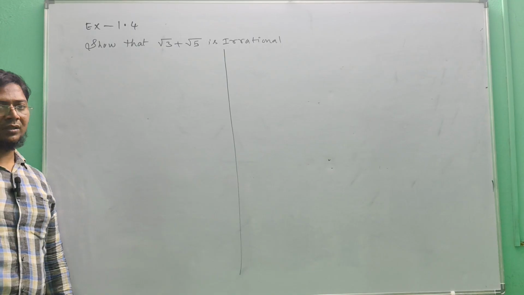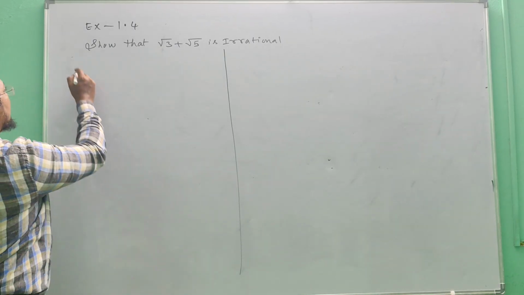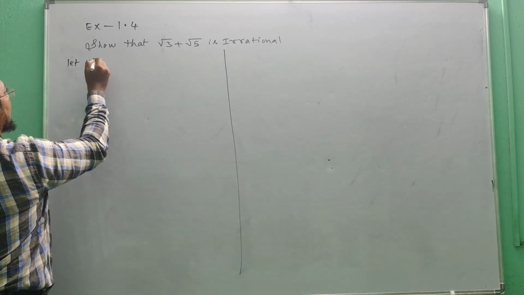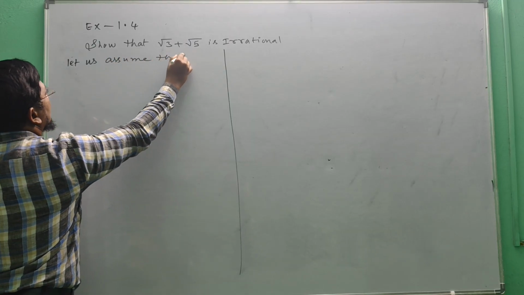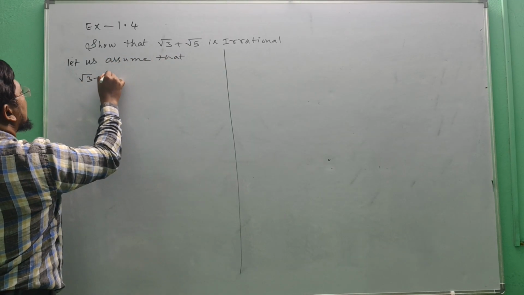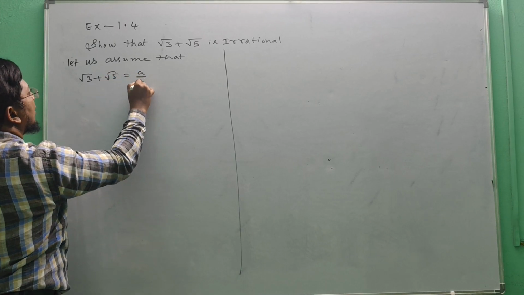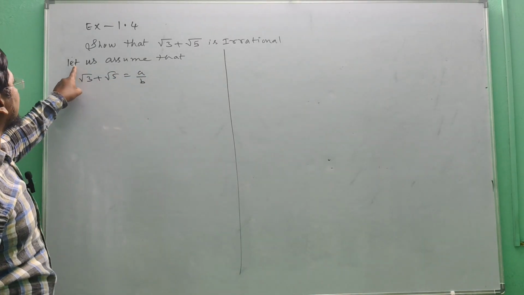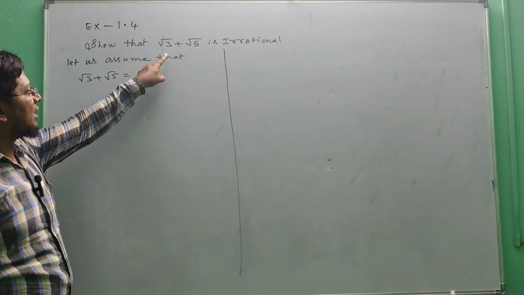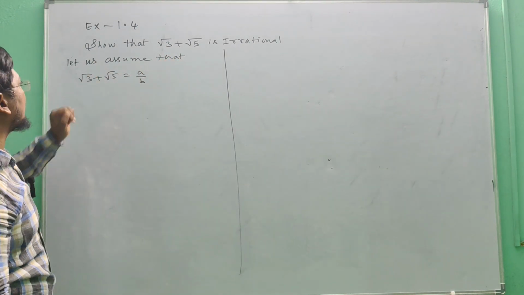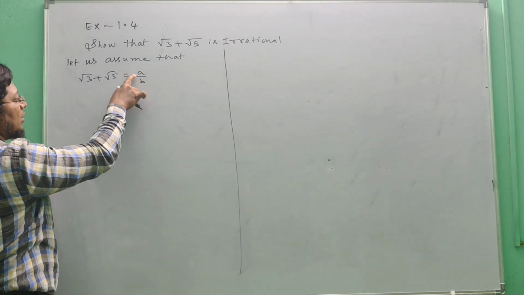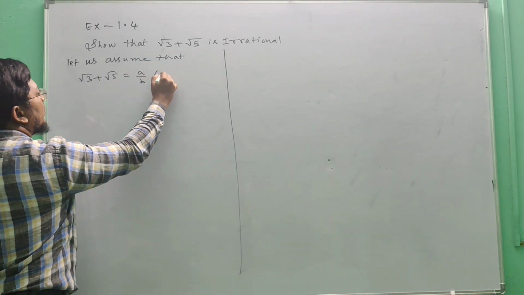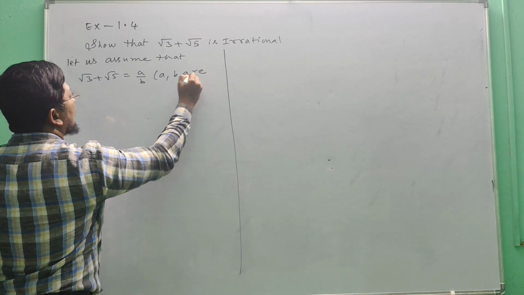Same, we have to follow a few steps. So first step we assume, let us assume that root 3 plus root 5 is rational, equal to a upon b, where a, b are what?